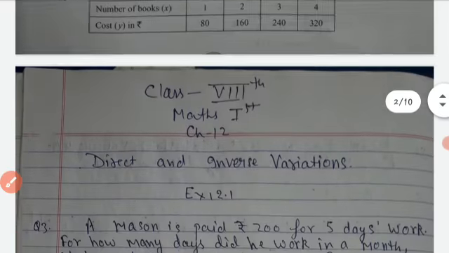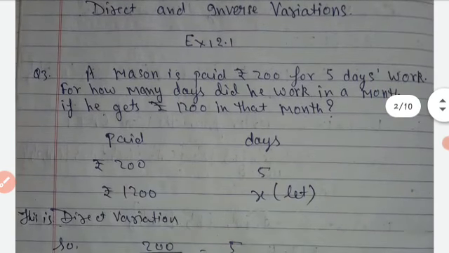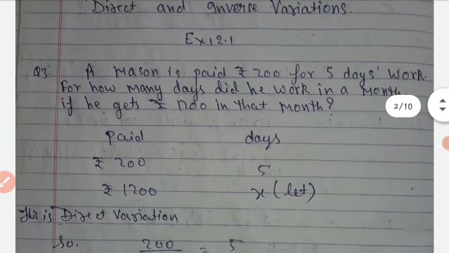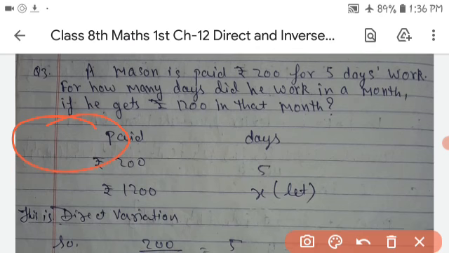Now let us do your exercise 12.1. Your question is: a mason is paid rupees 200 for 5 days of work. For how many days did he work in a month if he gets rupees 1200 in the month?